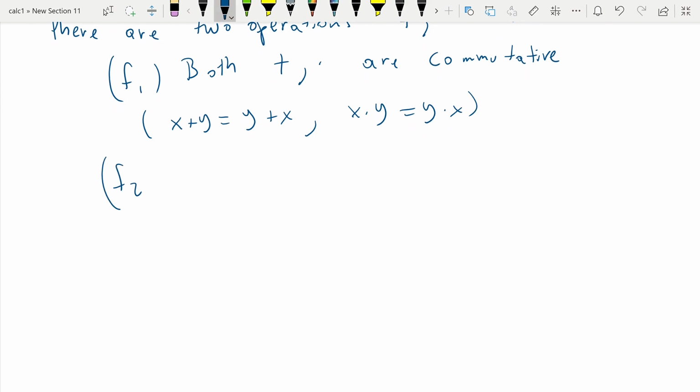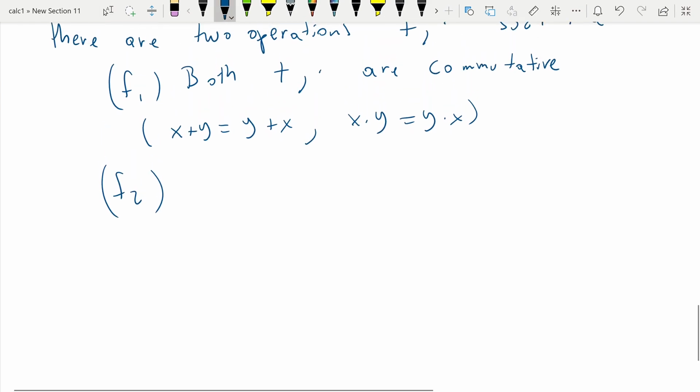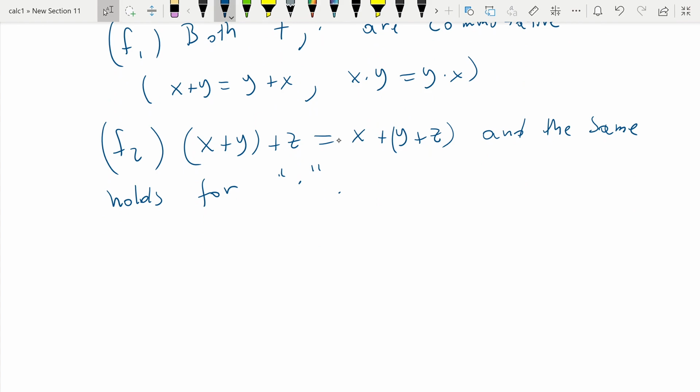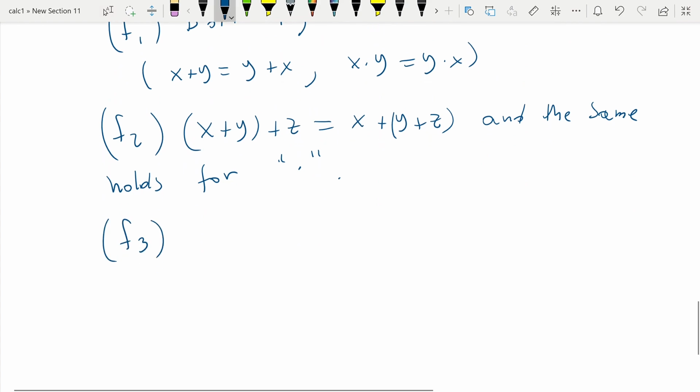The property of 2 is associativity, so we know that x plus y plus z is the same as x plus y plus z, and the same holds for the product. Okay, so this is associativity of both operations.